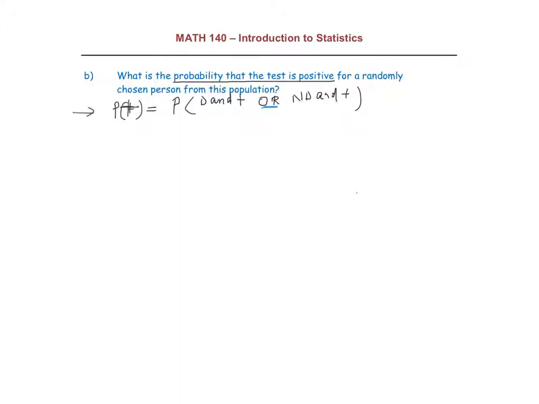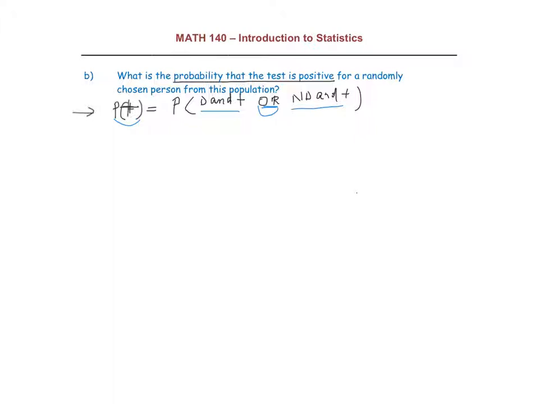To figure out this probability that someone shows positive, we need to think of two possibilities. It is possible that the person has the disease and shows positive, or it is also possible that the person does not have the disease and still shows positive.